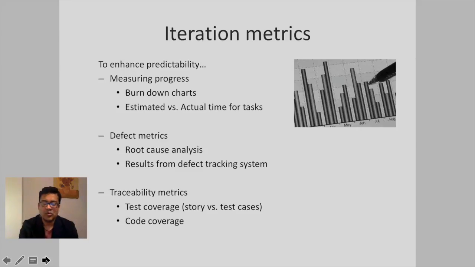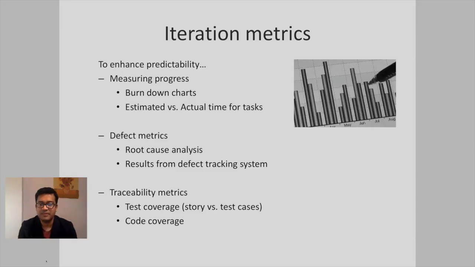Now let's talk about what is the point of making a test strategy and how can we measure that we are getting the desired benefits out of it. As I already said, this strategy talks about your approach, how you are going to achieve your objectives, and it can be measured using iteration metrics.